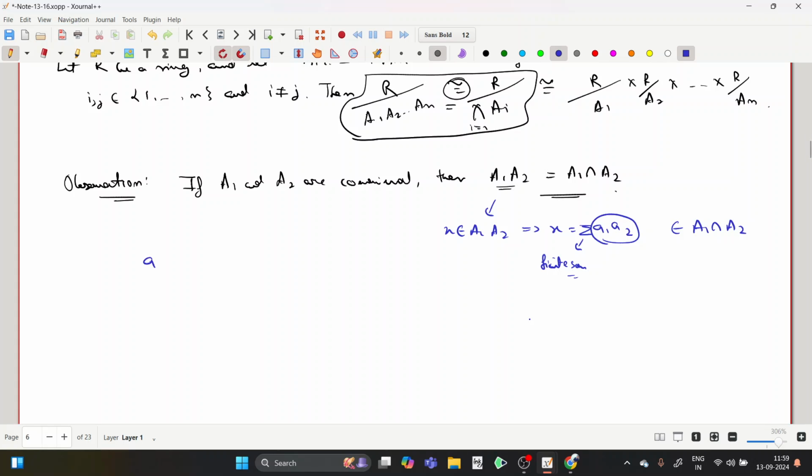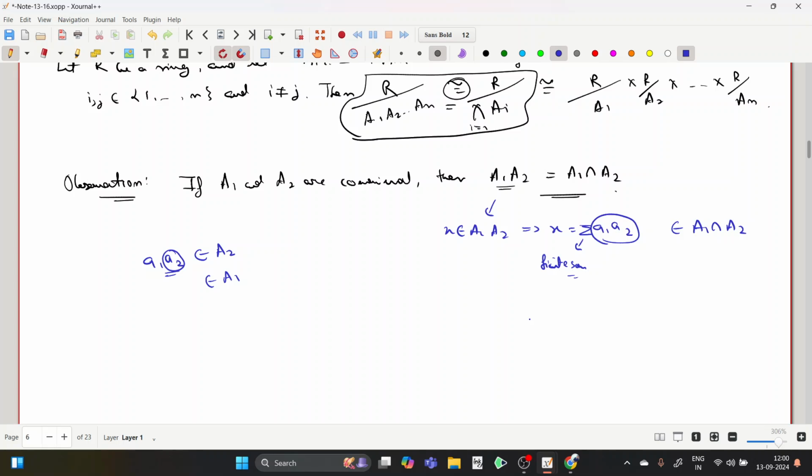Small a2 comes from capital A2 and a1 can be considered as an element of capital R. So because A2 is an ideal, it is closed under multiplication by elements of R, so therefore this is an element of A2. In fact, if I consider a1 from capital A1 and a2 from R, then this will be an element of capital A1 as well. So the sum of all such elements will also be inside A1 and A2, and hence inside A1 intersection A2.